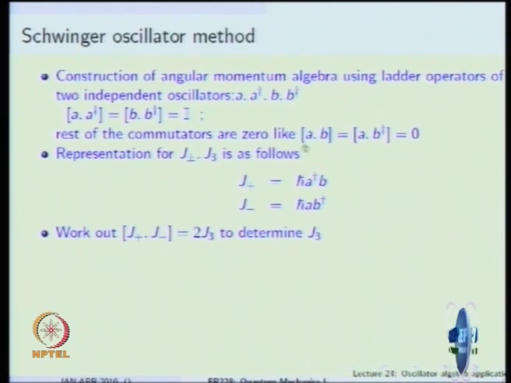By independent I mean that between A and B the commutator is always 0. A and A dagger is harmonic oscillator algebra, B with B dagger is harmonic oscillator algebra. Between A and B, or A and B dagger, or A dagger and B, or A dagger with B dagger, they are all 0. This is what I mean by the rest of the commutators are 0. They don't talk to each other, they are independent.